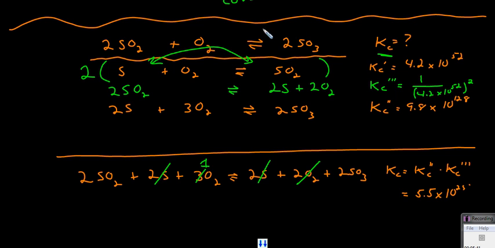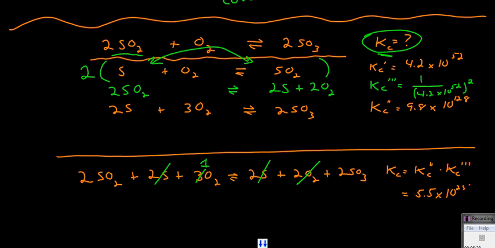So in order to determine the equilibrium constant for this reaction, just like in Hess's law, you need to be able to add up the constituent reactions to give the overall desired reaction. So in this case, where we have two sulfur dioxides on the left, ultimately we're going to need two sulfur dioxides on the left as well when we're adding up our reactions.